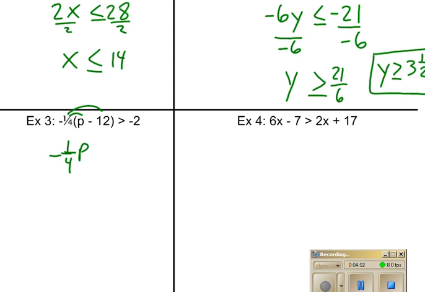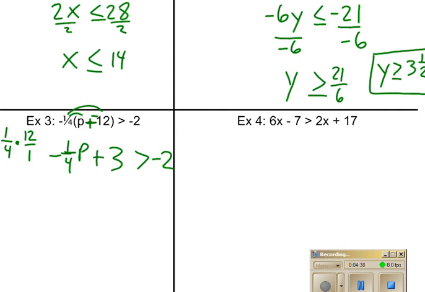Now we can either do negative 1/4 times negative 12, which would get me plus 1/4 of 12. Remember how to multiply fractions. That'd be 12 over 4, which is 12 divided by 4, which is 3. The other way, subtraction, change that to adding the opposite. This would be plus, two negatives make a positive. So that's distributed.